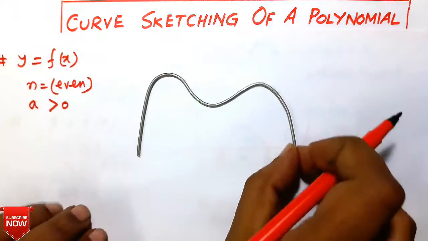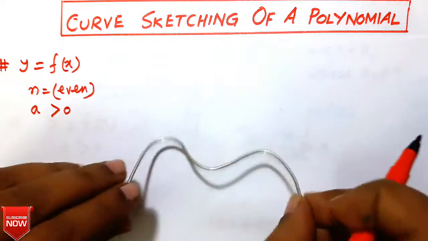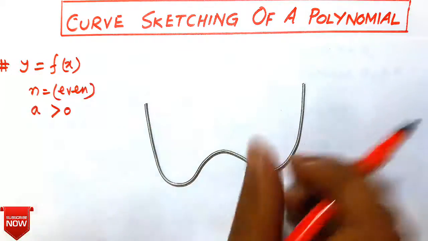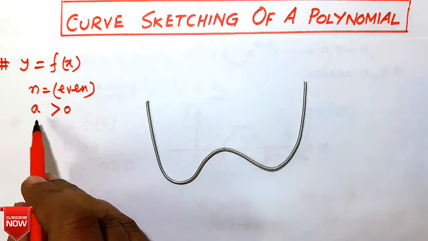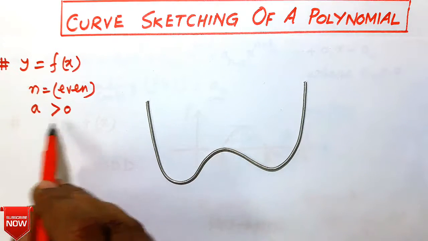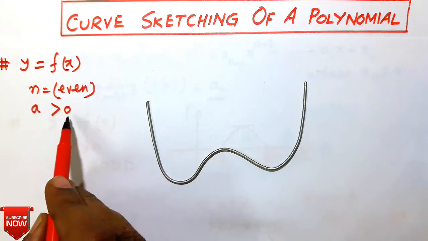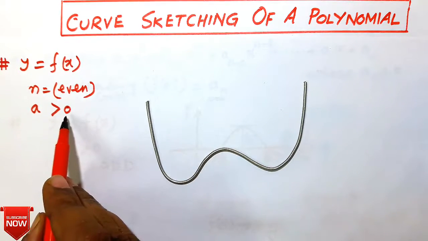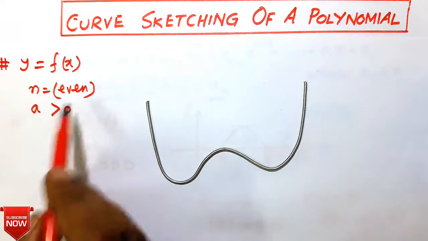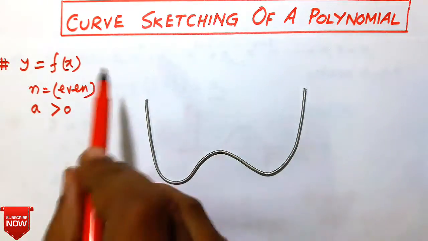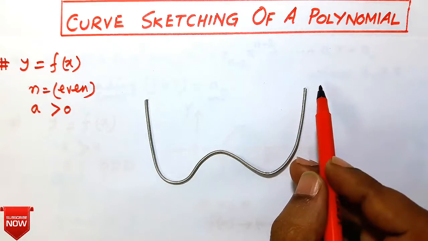Now I am taking these curve ends in the upward direction because the leading coefficient is taken positive. a is greater than 0. Mind it, a is greater than 0, leading coefficient is greater than 0, and n is even. For this, the curve ends in the upward direction.